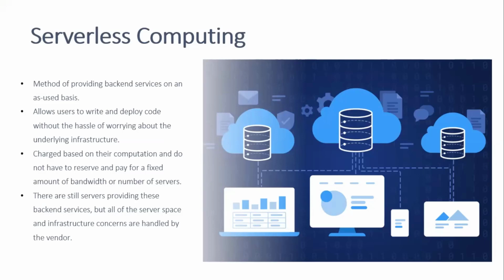The developers just develop the code, and we build it and deploy it onto the core infrastructure. And the charge is based on the computation, the number of processes it is running, so it is charged based on the computation and the process of that particular application.